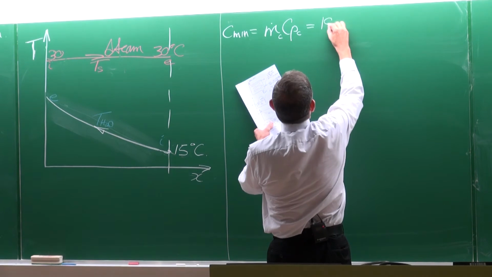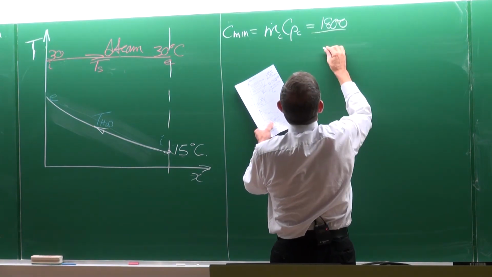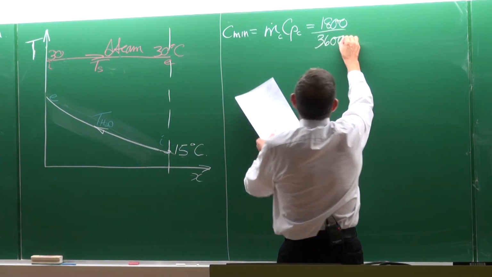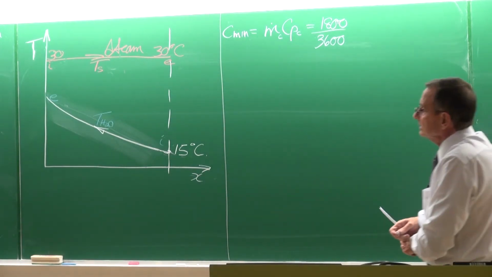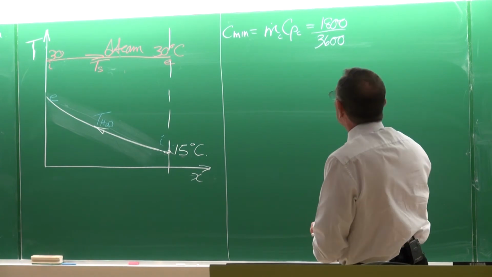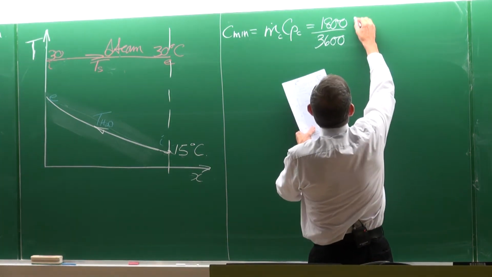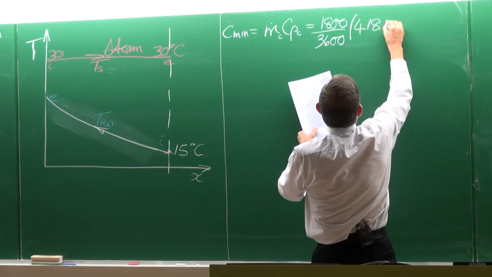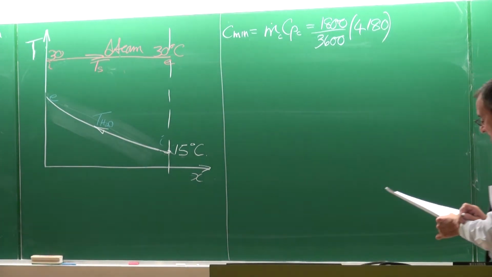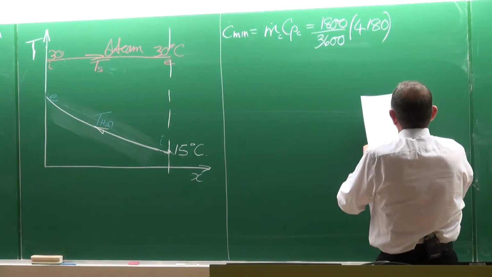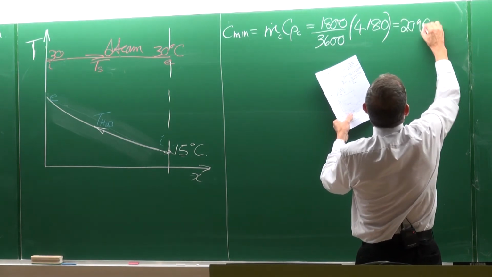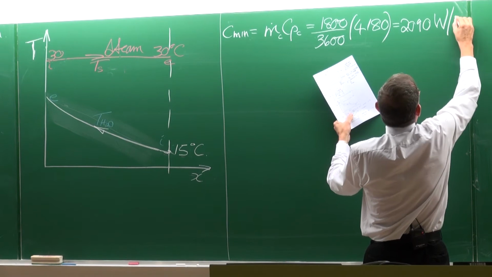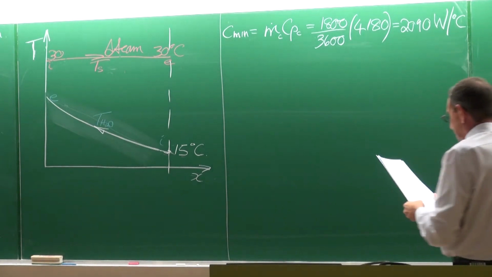So the mass flow rate of the water is 1800 divided by 3600, because it's 1800 kilograms per hour. The Cp value they were so kind to give to us is 4180. So that is equal to 2090 watts per degree Celsius.